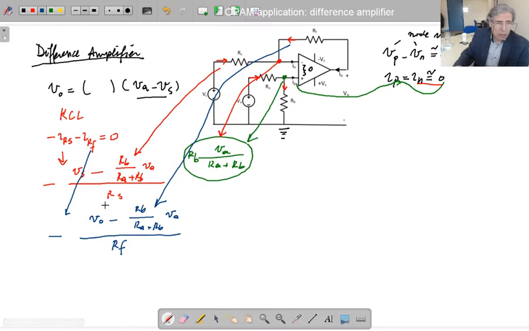When we add those two and organize it, we end up with this formula that I'm going to write.